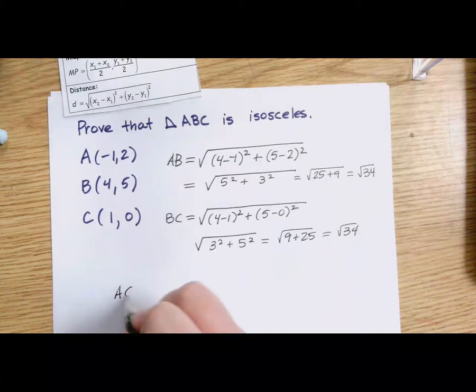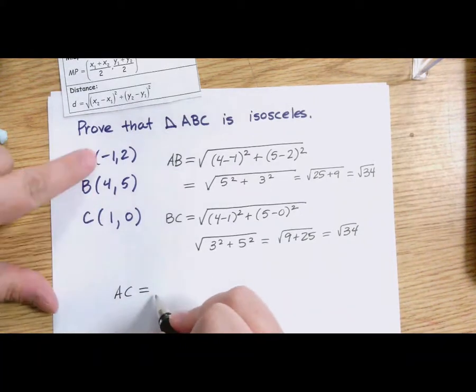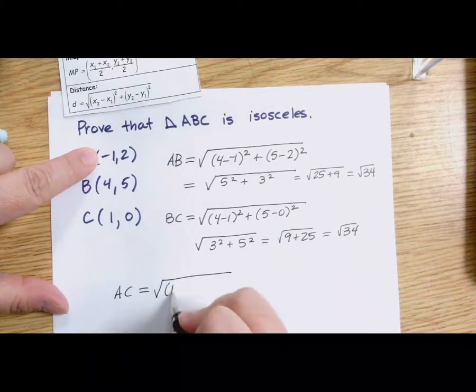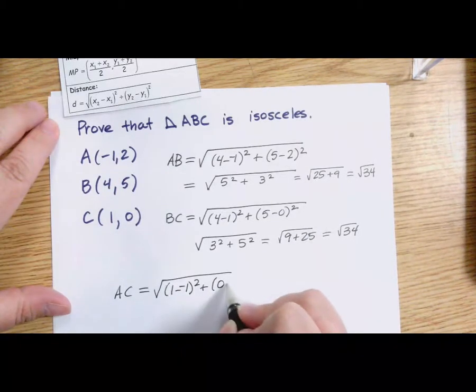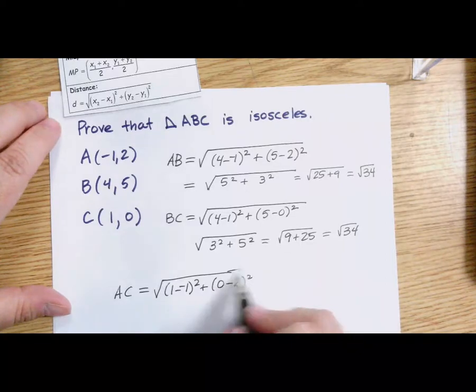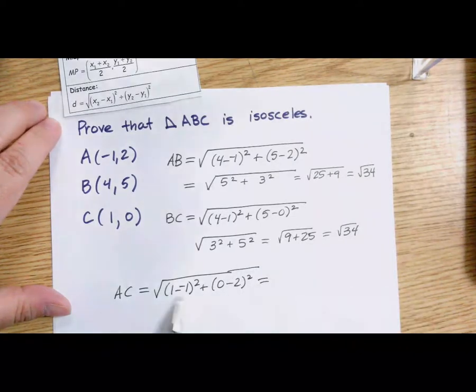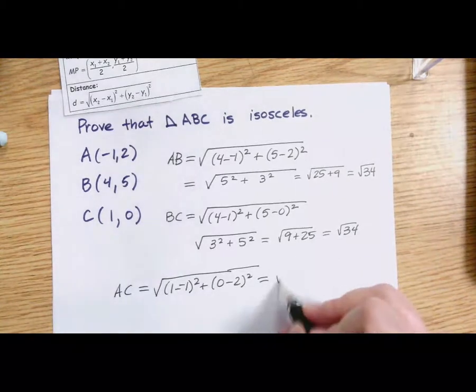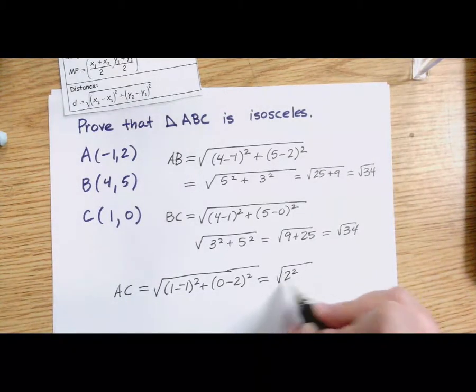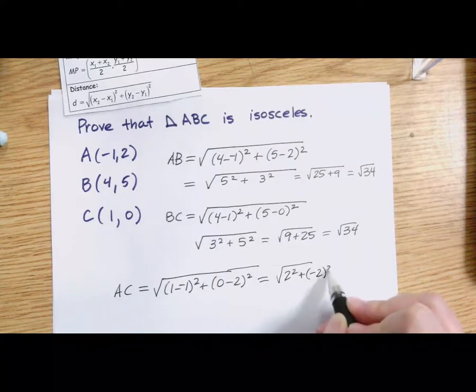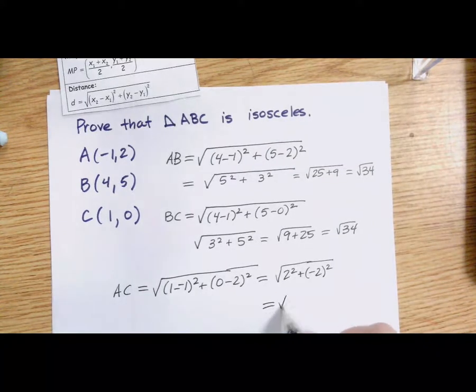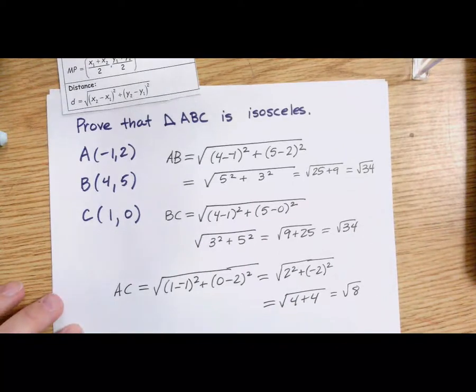AC has a length of 1 minus -1 for the x's, plus 0 minus 2 for the y's. 1 minus a -1 becomes 1 plus 1, which is 2. 0 minus 2 is -2, squared. And this is 4 plus 4, which is square root of 8. So it's not the same. So it's not also equilateral, but it is isosceles.